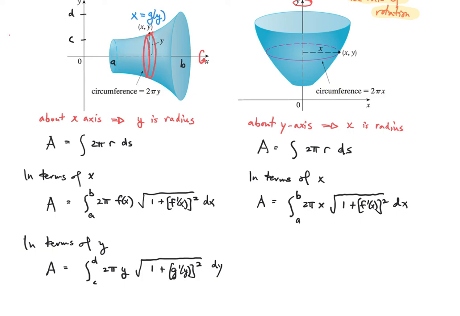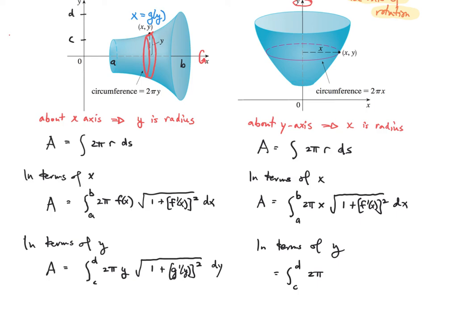Let's do the other case. Let's do the case where we're going about the y-axis now. So if we're going about the y-axis and we're doing everything in terms of y, what do we get here? Well, we're going to get the integral from c to d. This is going to be 2 pi.